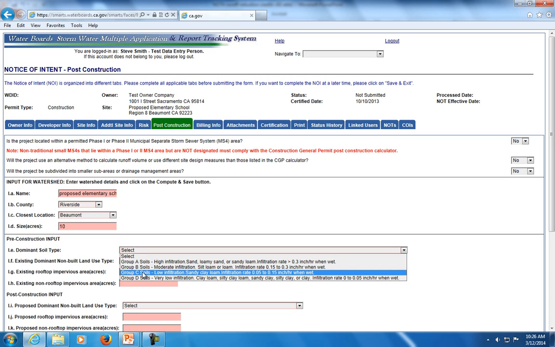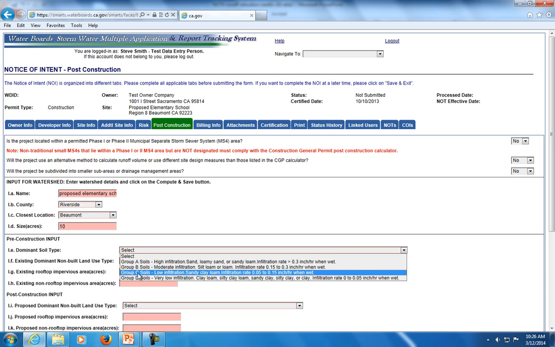There's also a way of using that method to predict peak flow, but this whole design standard and methodology deals with runoff volume, basically how many cubic feet are coming off the project in both pre and post project conditions. So hydrologic soil group is what it's asking for here.